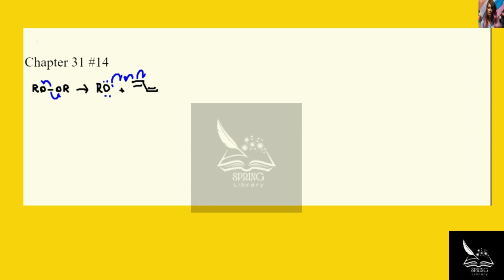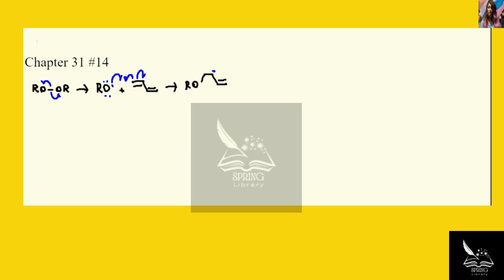The other electron will revert to the other carbon of the double bond. And so now we have this species with our radical located on that carbon.